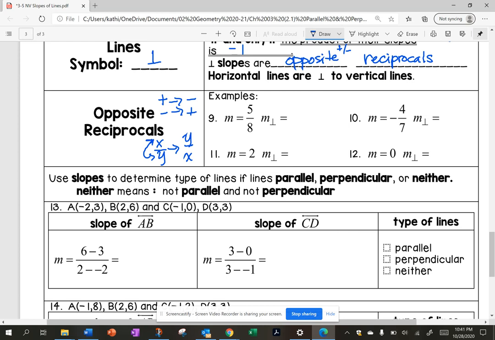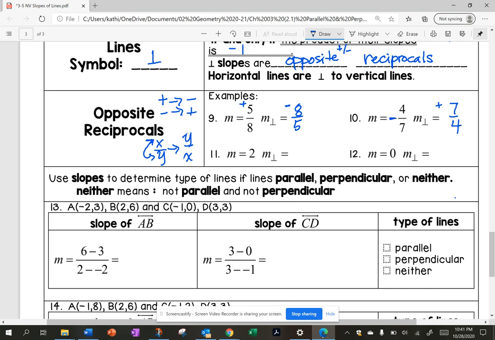Okay, so number 9. If my slope is 5/8, right now it's assumed to be positive because I have no sign, so my opposite reciprocal will be negative. And I'm going to switch what's in the numerator and the denominator. Number 10, I'm starting out negative, so my opposite reciprocal will be positive, and then 7/4.